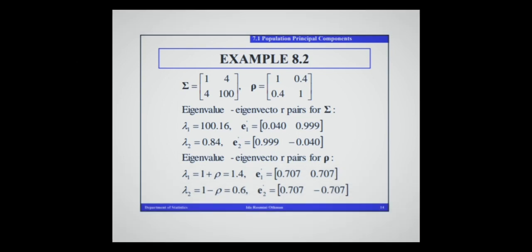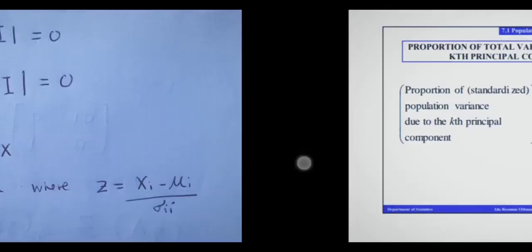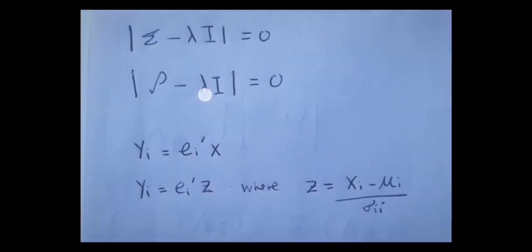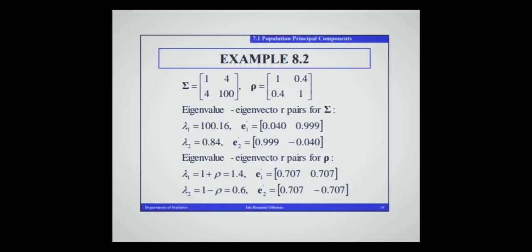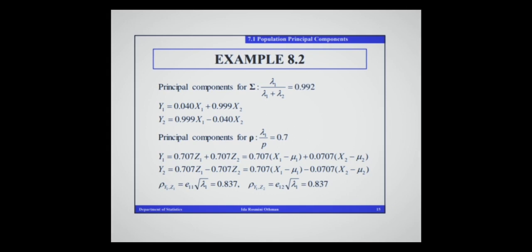When we are using the correlation matrix, we will use this formula to find the eigenvalue. So later you try it, you will get this answer. Okay. The value of lambda is different. So it means that the standardized variable will affect the value of lambda and the normalized eigenvector. Okay.